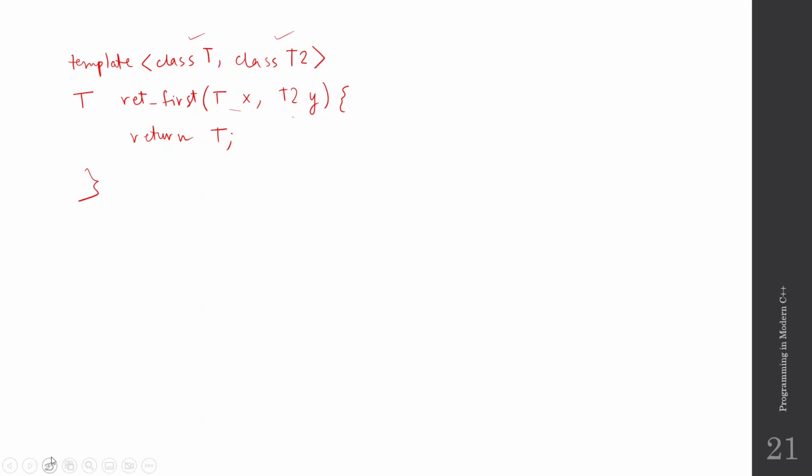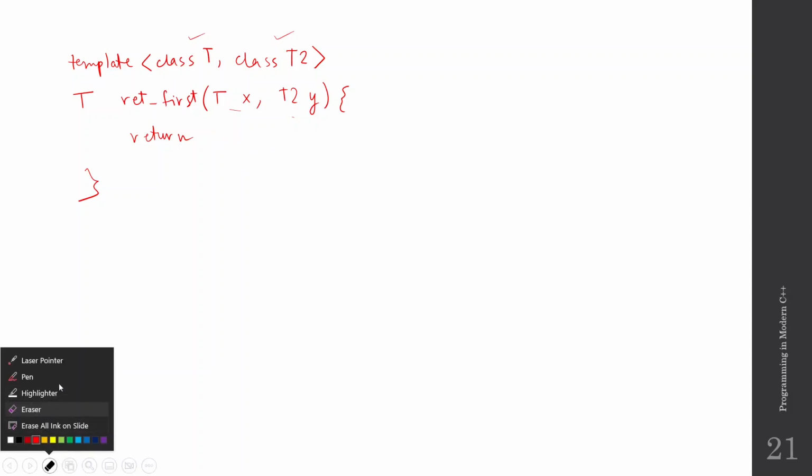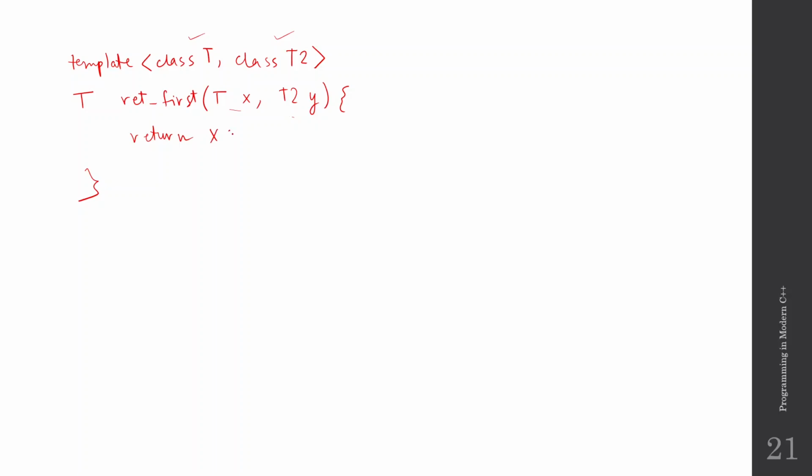In this case the mistake, this one will be X. We are returning the first argument. Since the type of the first argument is T, the return type is also T. Now it might be the situation that we are writing a specialized class, but where the first argument is an integer. Over there in the template list, the second one will still be there.